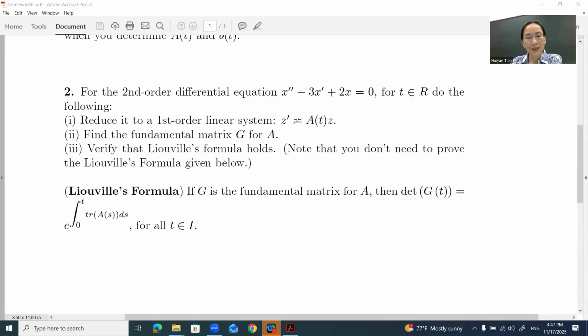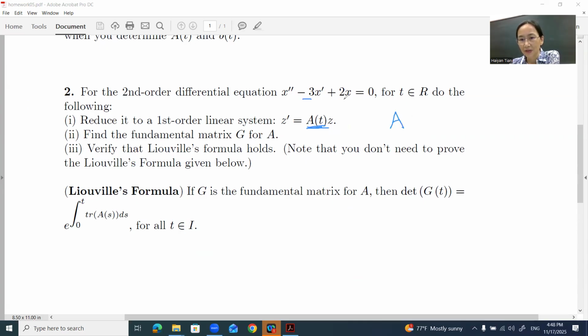So now, can you find the fundamental matrix of this system? Remember, we denote it by G, that fundamental matrix. So for this case, you will discover that your A is constant, right?